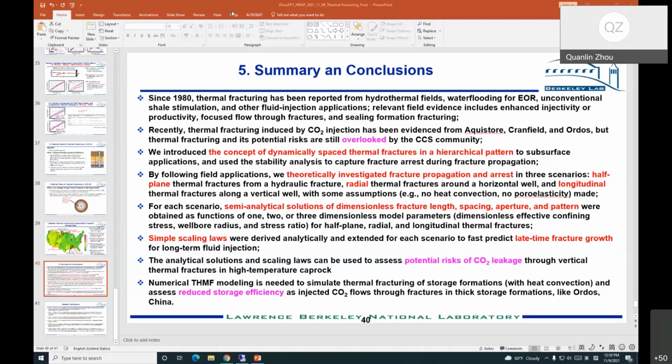So yes, you have a possibility for that, but keep in mind that temperature transport is slow.